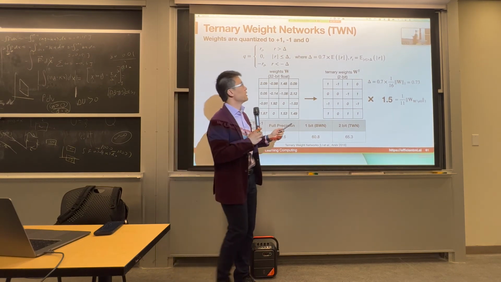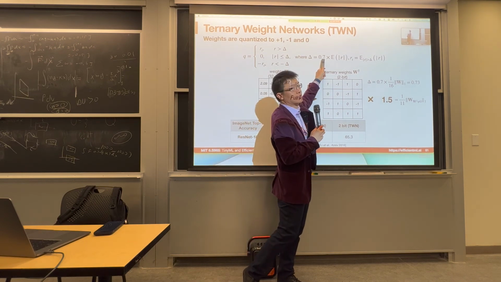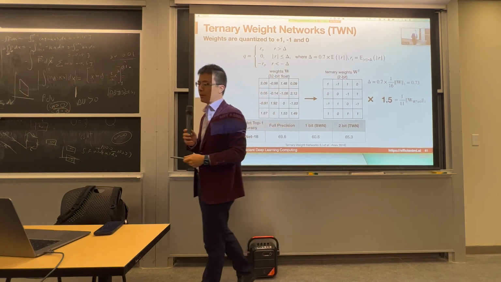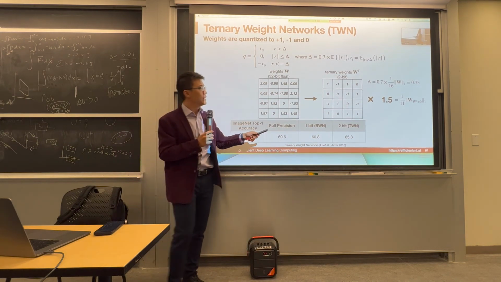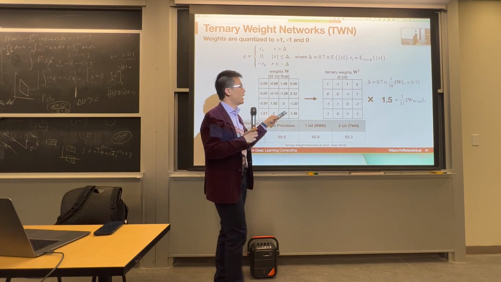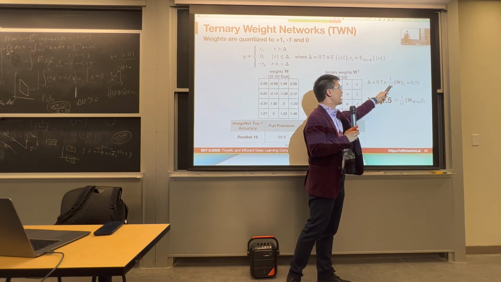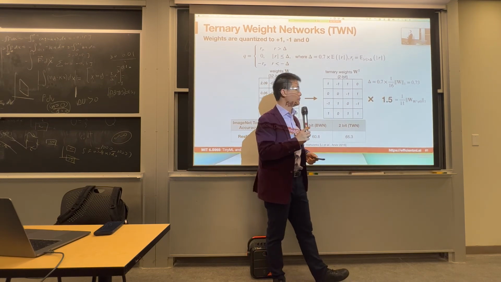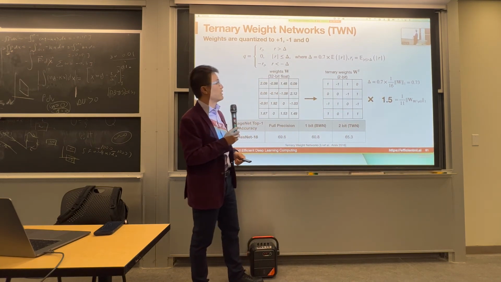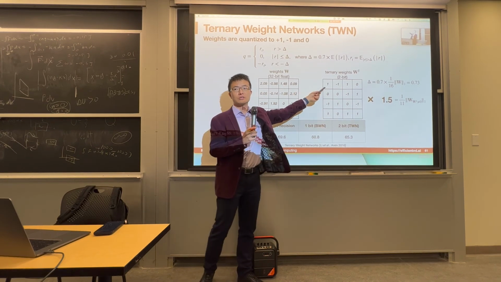Empirically, we set this threshold delta to 0.7, which is an empirical value, times the expectation of the weight magnitude. For example, given our familiar weight matrix, we calculate delta to be 0.7 times the average of the 1-norm, which is 0.73. So everything larger than 0.73, like this one, will be quantized to 1.